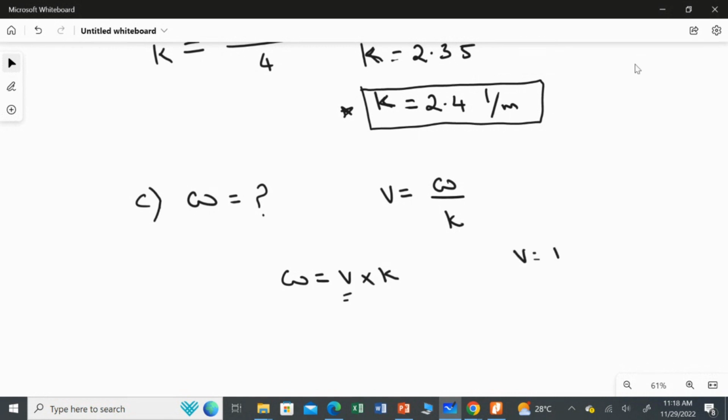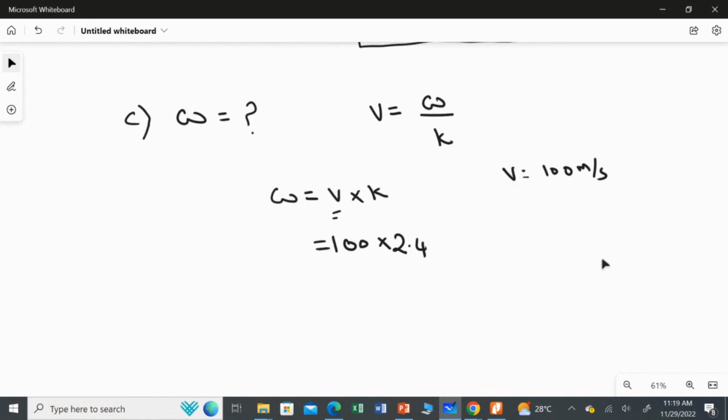So 100 multiplied by the K value, which is 2.4. That will be the answer for the angular frequency. So therefore omega is equal to 240, right? Because 2.4 multiplied by 100 gives you 240, right? And what's the unit? Its unit is radian per second. Clear?